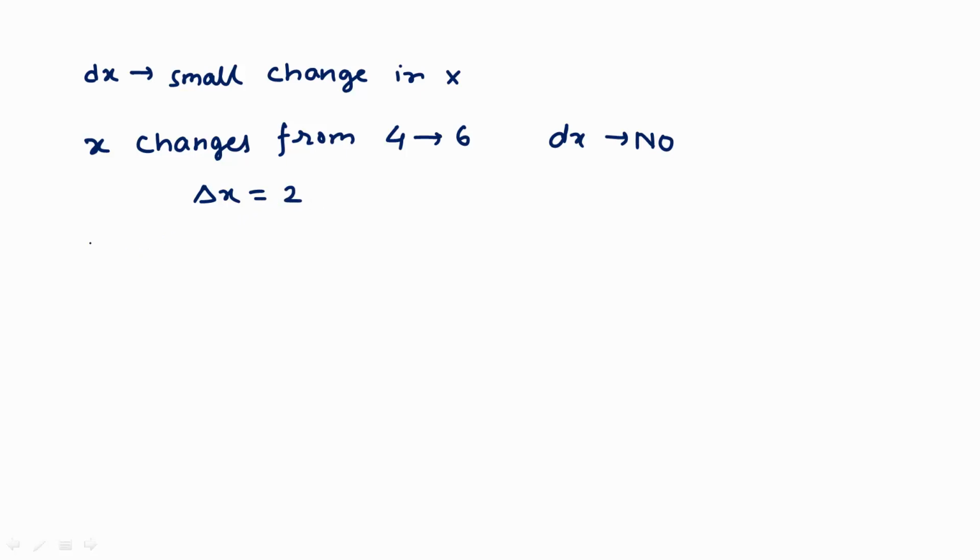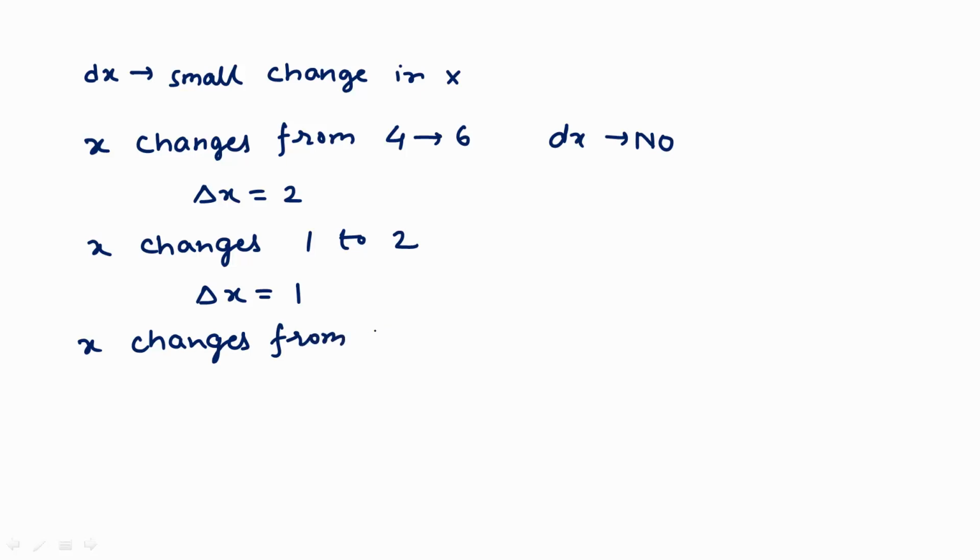And x changes from 1 to 2, still delta x is equal to 1. But if x changes from 0.0000001 to 0.000000001, something like this, then you can use dx.